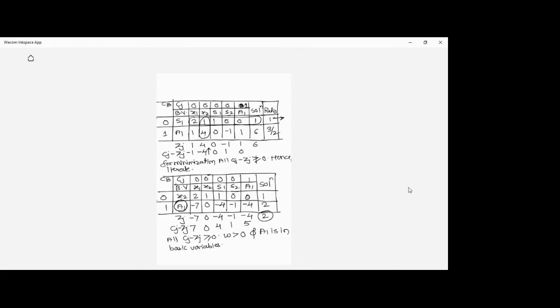So that is our case 1, and hence there is no feasible solution for the given linear problem. This happens to be your case 1, and it is to be solved in this particular manner.